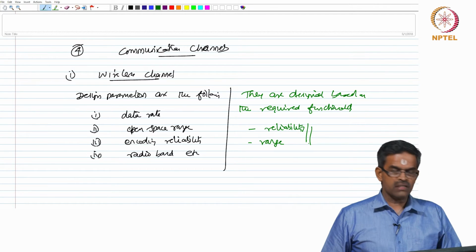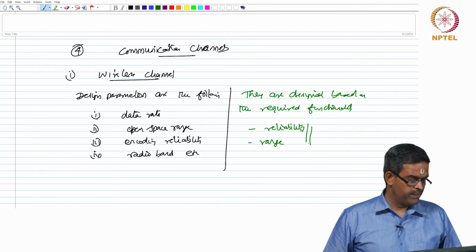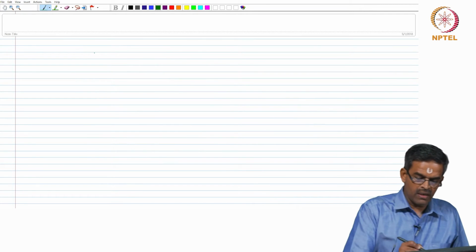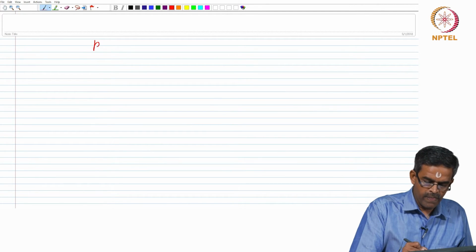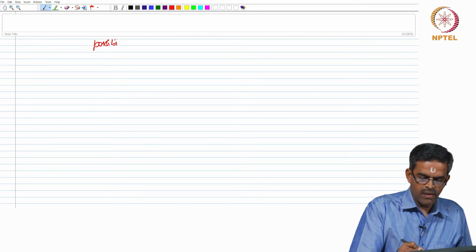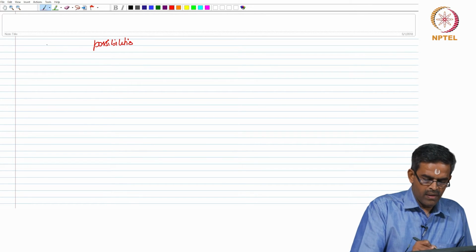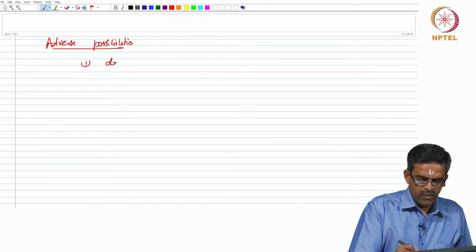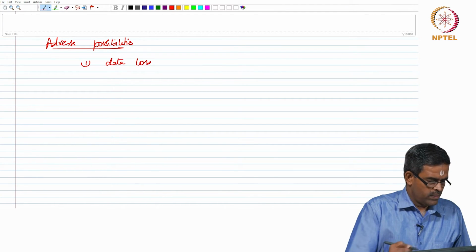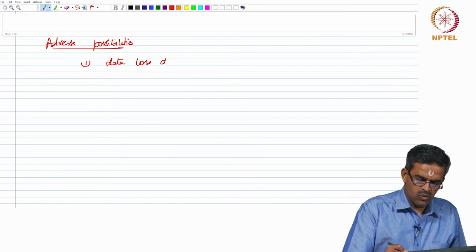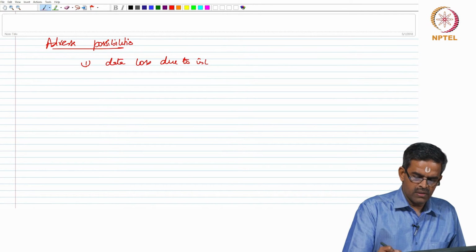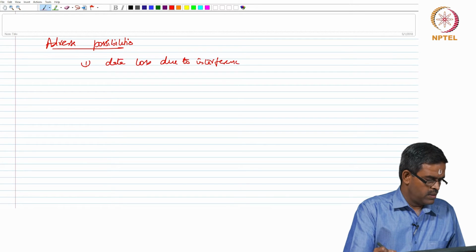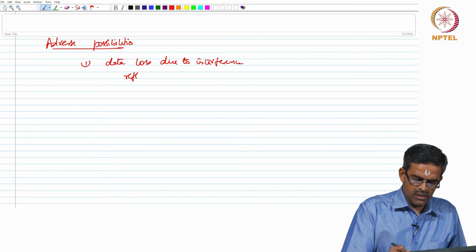In case of wireless communication over a larger area, there can be a possibility of data loss, which are adverse possibilities. It could be data loss due to interference, reflections.